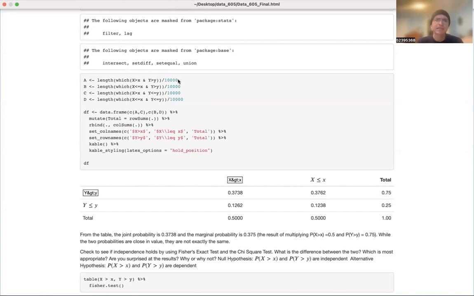C I defined to be the probability that a value in my random uniform distribution was greater than the median, and the probability that a value in my random normal distribution was greater than the 25th percentile. And finally, D, I defined to be the probability that a value in my random uniform distribution was less than or equal to the median of the corresponding distribution, and the probability that a value in my random normal distribution was less than or equal to the 25th percentile.